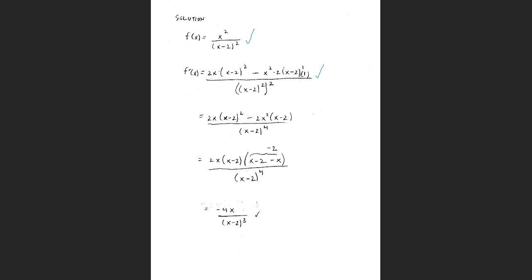In this case, I could write the function as x squared times x minus 2 to the negative second, and use the product rule.